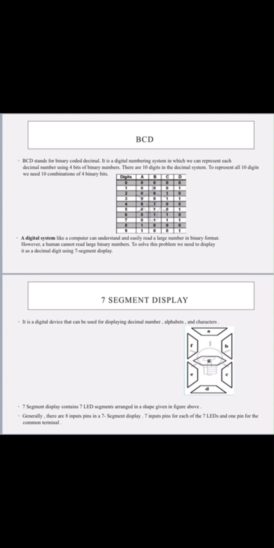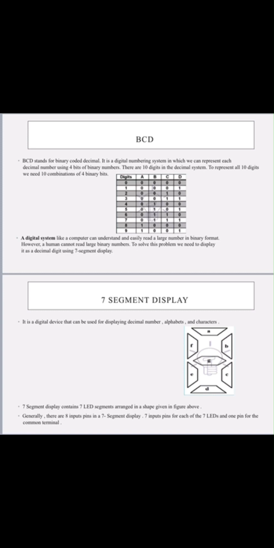A digital system like a computer can understand and easily read a large number in binary format. However, a human cannot read a large binary number. To solve the problem, we need to display its decimal digit using 7 segment display.